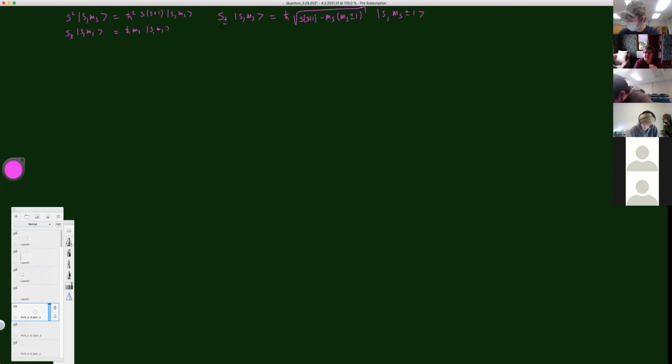Remember, these are raising operators. They don't leave the state alone. These are not eigenvalue equations. Just writing that down because we're going to need it.